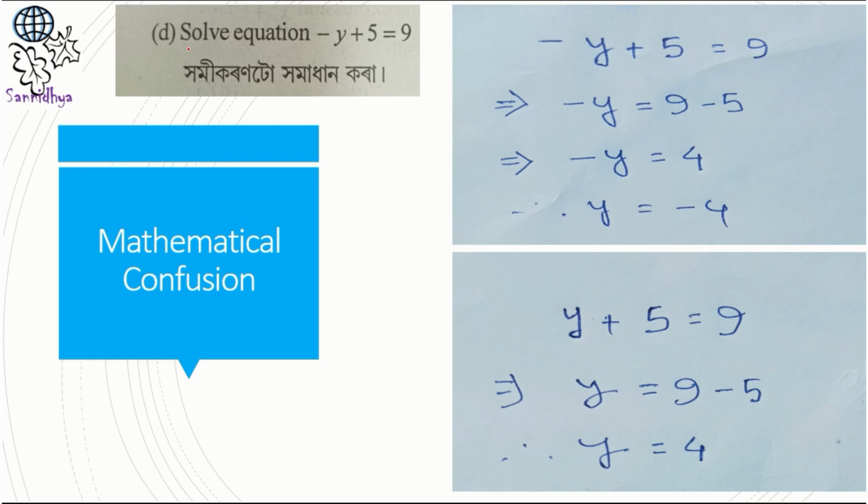See, the question is solve the equation. This is minus y plus 5 equal to 9. One student thinks this is one part, and he solves the equation this way and gets the value y is equal to minus 4. In another way, another student thinks this is a hyphen and this part is y plus 5 equal to 9. He thinks like that and he got the value of y is equal to 9.